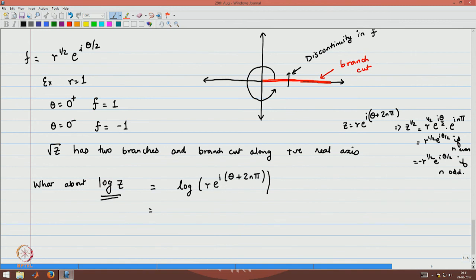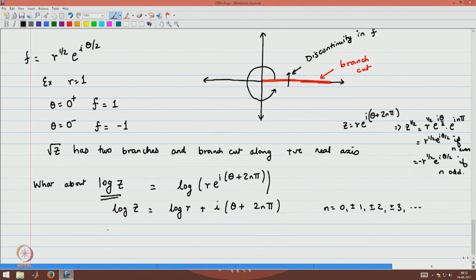This we use a property of logarithm, you write it as log of r plus, now log of e to the I theta plus 2 n pi will give me I times theta plus 2 n pi. So now this is interesting. So n is equal to 0, plus minus 1, plus minus 2, plus minus 3, etc.